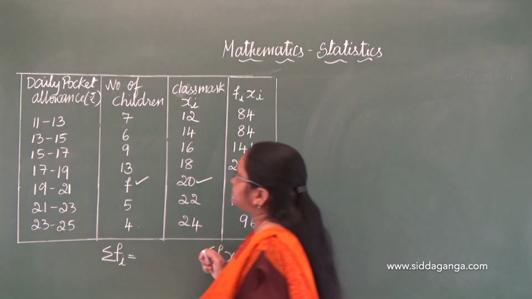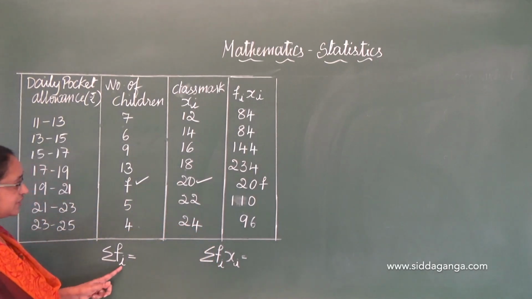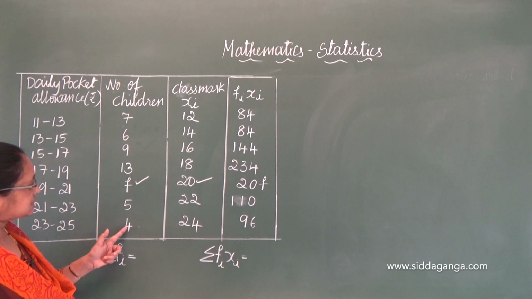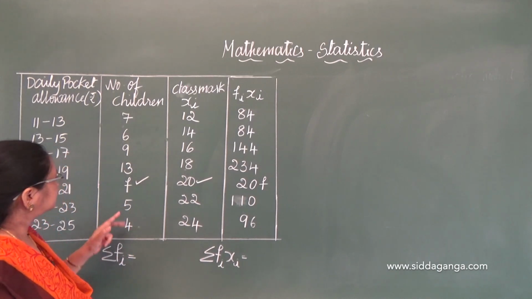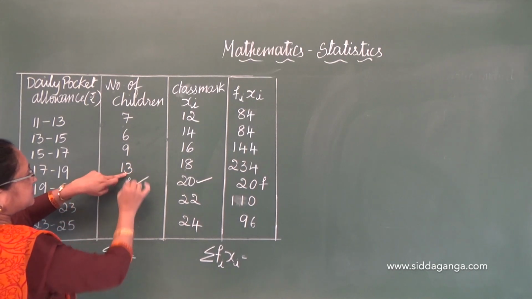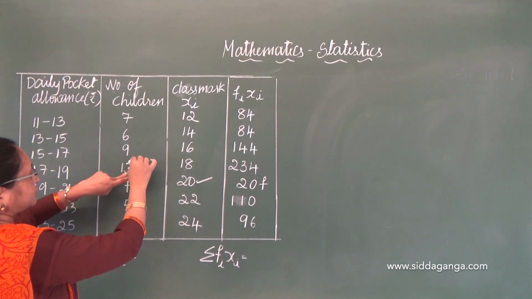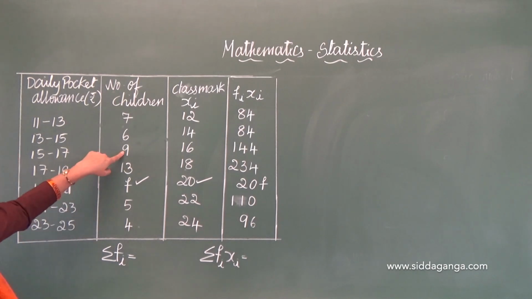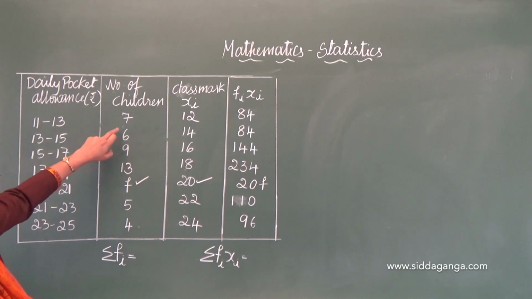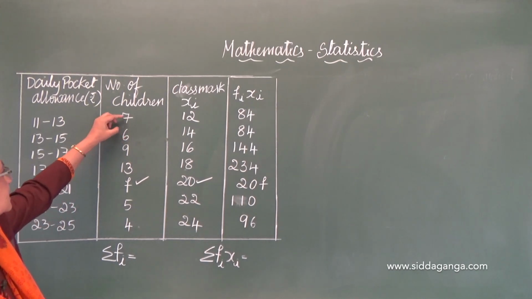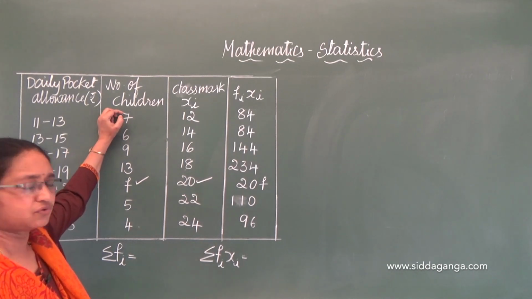Now when you do sigma Fi: 5 plus 4 is 9, 10, 11, 12, 9 plus 3 is 12, 19, 21, 21 plus 6 is 27, 27 plus 7 is 34.